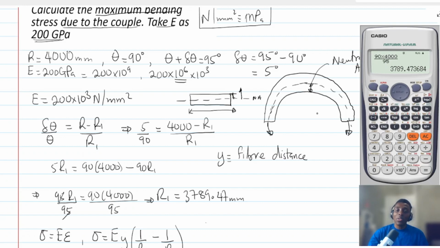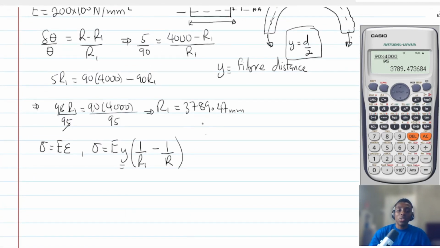So if you have a circular cross section, your fiber distance becomes d/2, which is telling us that if the whole of this is the diameter, then the fiber distance, the maximum of all the fibers, is that halfway of the diameter, which is the radius.